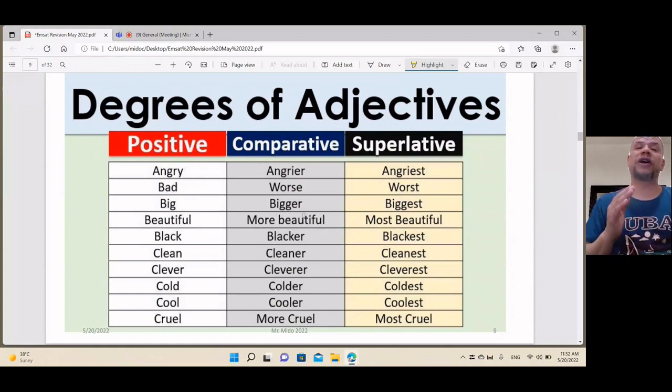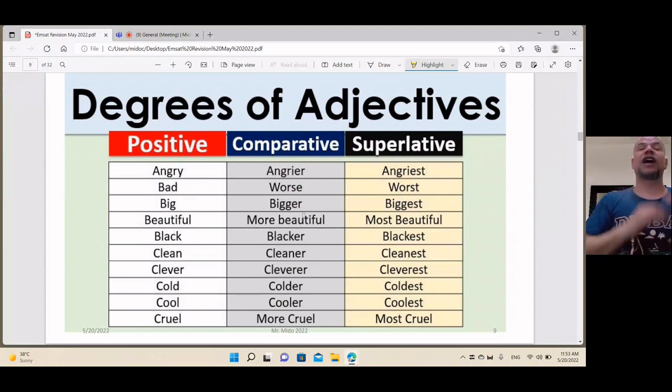If you want to compare one person, one thing, one place to other places, other things, all people, that means a superlative. So you have, for example, the and est, or the most. So you say Ali is the tallest in the class.